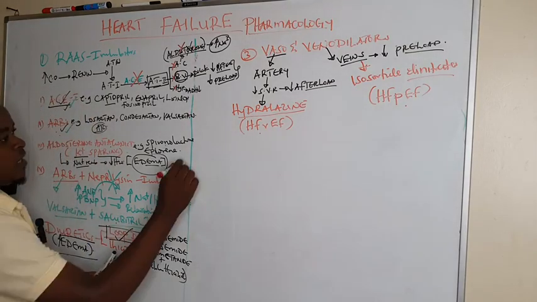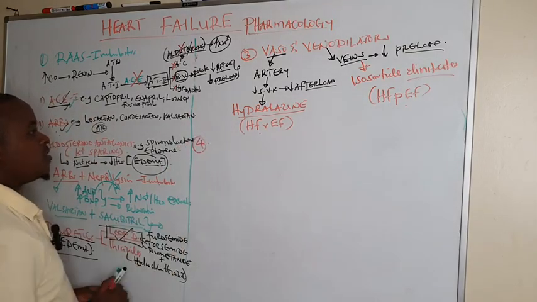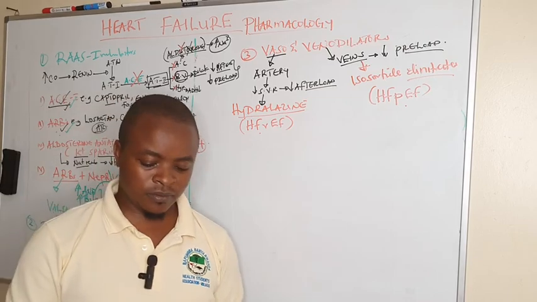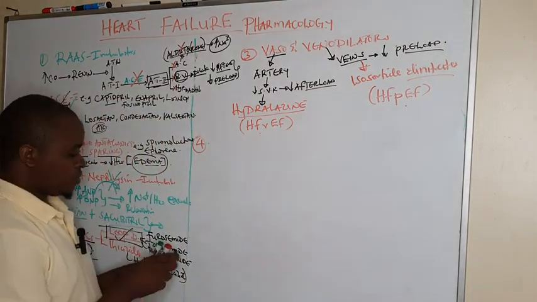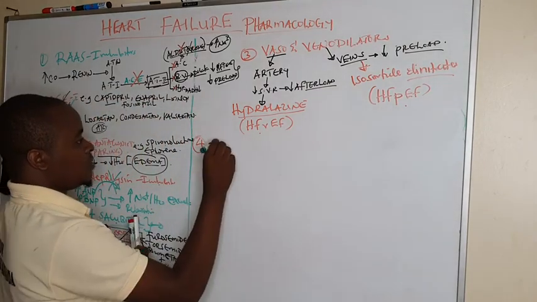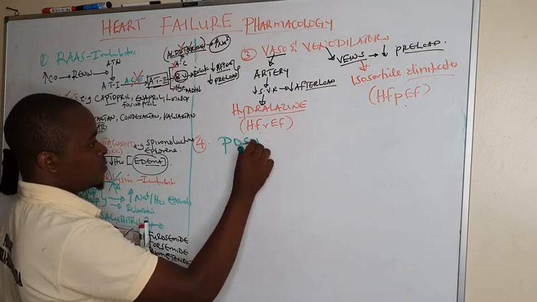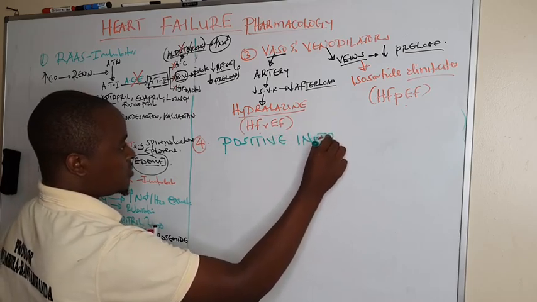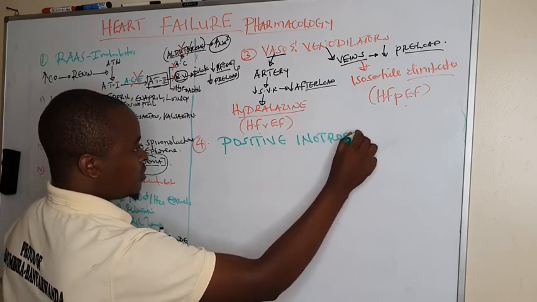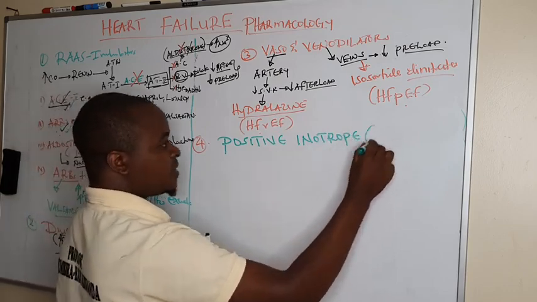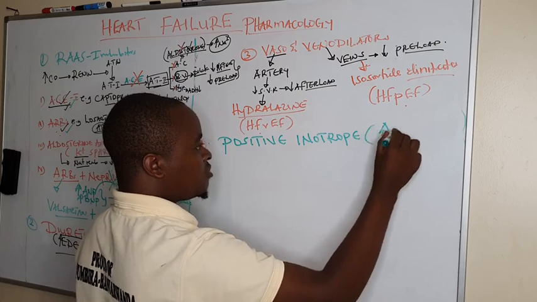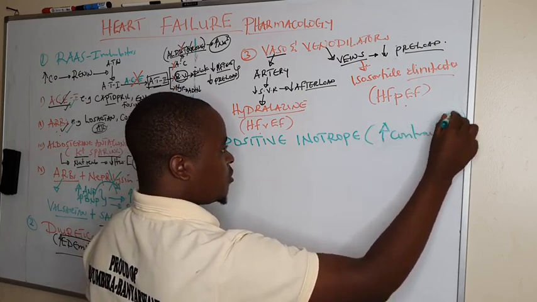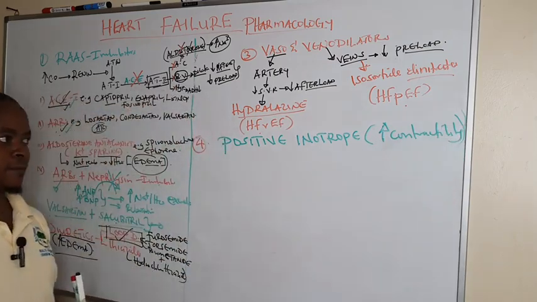Then category number 4, we can talk about the positive inotropes. The positive inotropes act by increasing contractility of the heart.